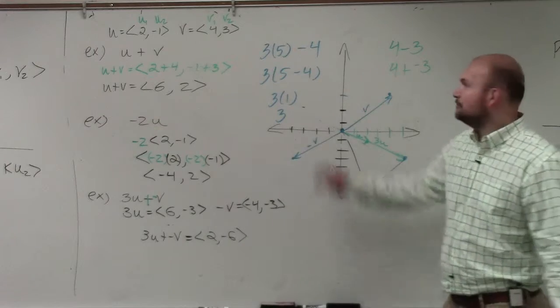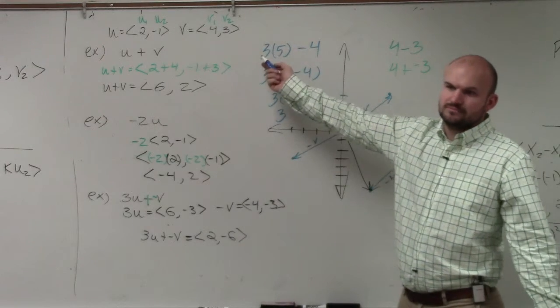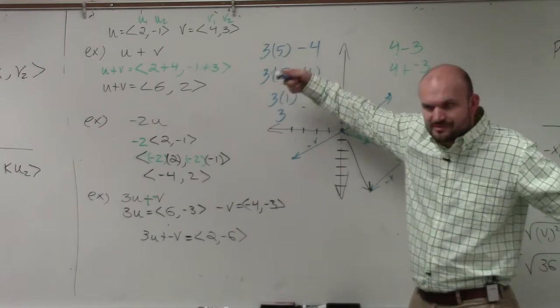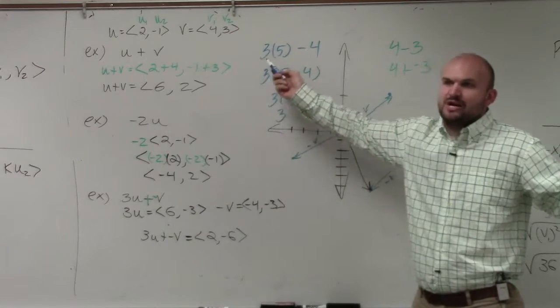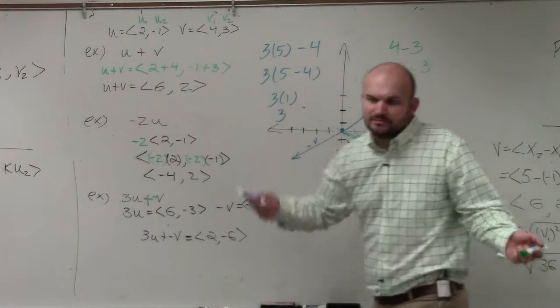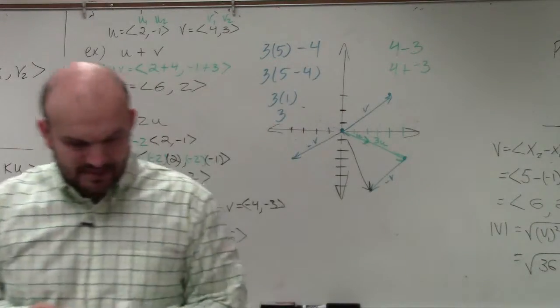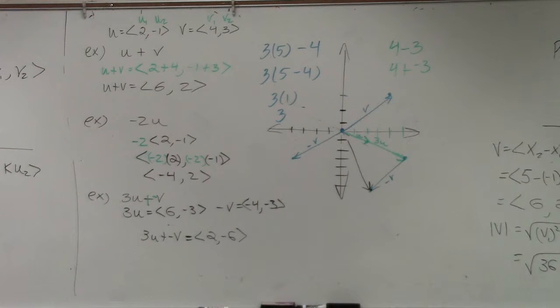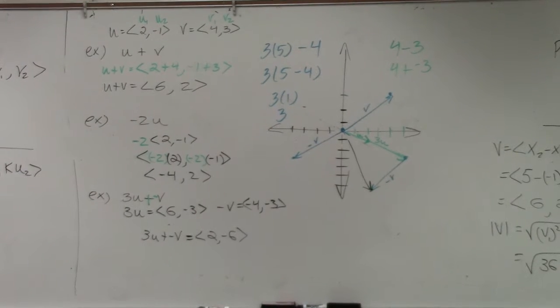Can't do that, right? You multiply first. Or think of it as order of operations: multiplication before addition and subtraction. So you have to apply your multiplication first. Does that make sense? Anybody else have any questions? No? Everybody feels okay?